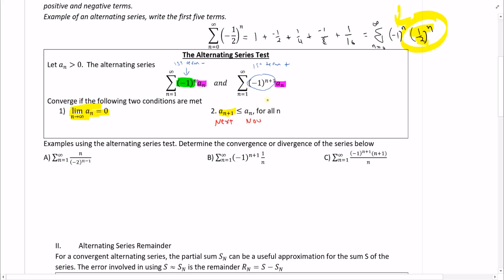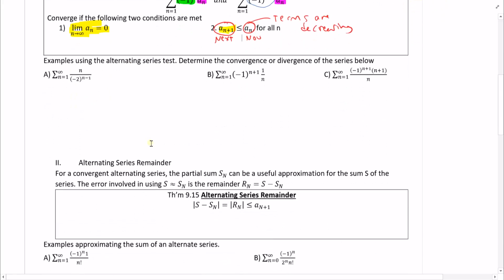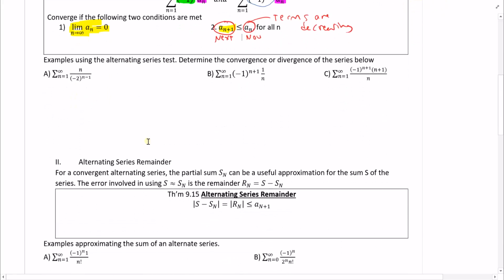Another way to say this is that the terms are decreasing, because the next term is always smaller than what you currently have. All right, so there are only 2 conditions here. If you can show those 2 things, then you can show that it is convergent.